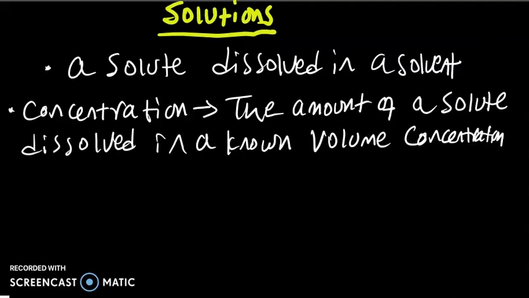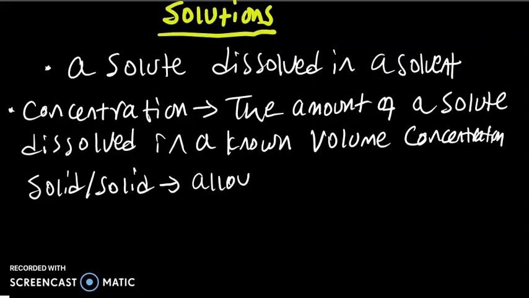So what examples of solutions do we have? First of all, we have solid versus solid. In chemistry we refer to these as alloys. For example, we have steel, which is made of carbon and iron.